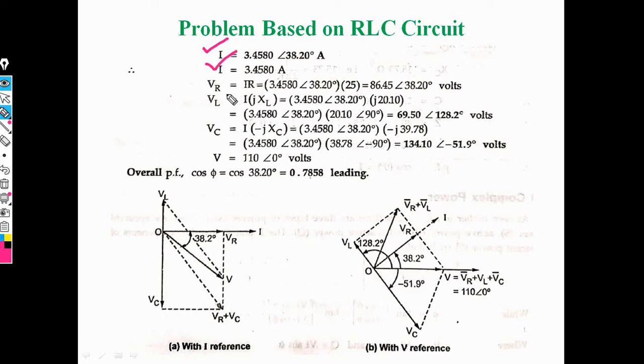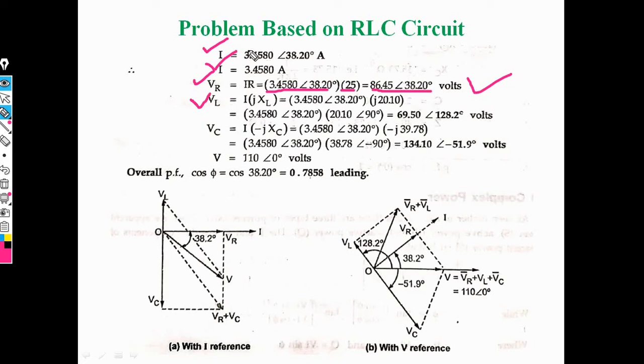The voltage drop across resistance is I into R. The value of I is here, and the value of resistance is here. Then the voltage drop across resistance VR is obtained as 86.4 at an angle of 38.20 volt. Then same for VL, which is I into JXL.